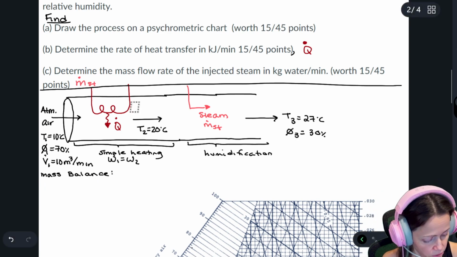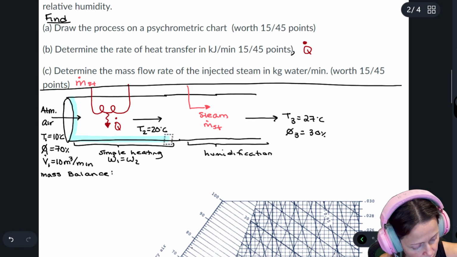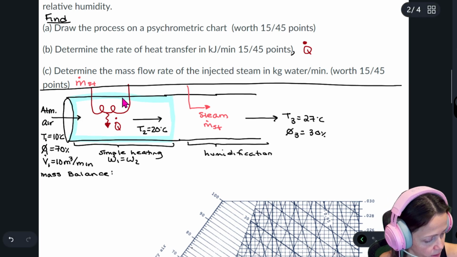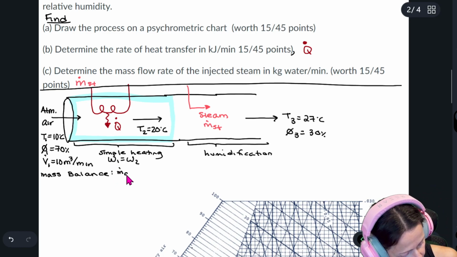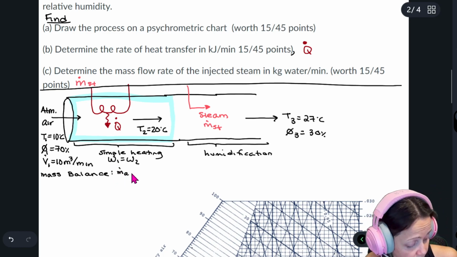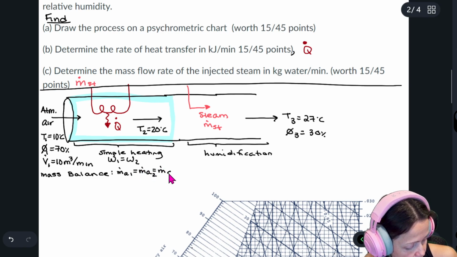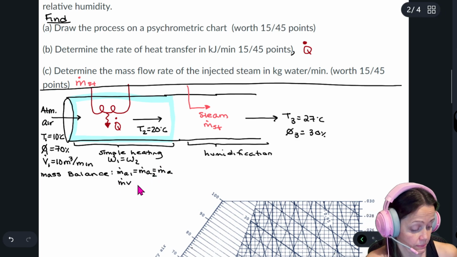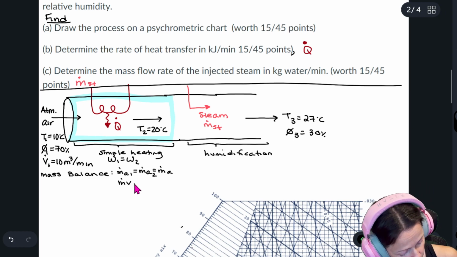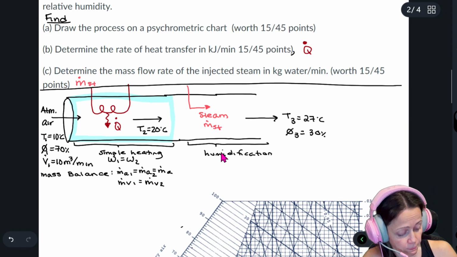I'm just going to look at this section. m dot A1 and m dot A2 are the same, so we'll just call them m dot A. And for the water vapor, you've got one inlet, one outlet, so m dot V1 and m dot V2 are the same.